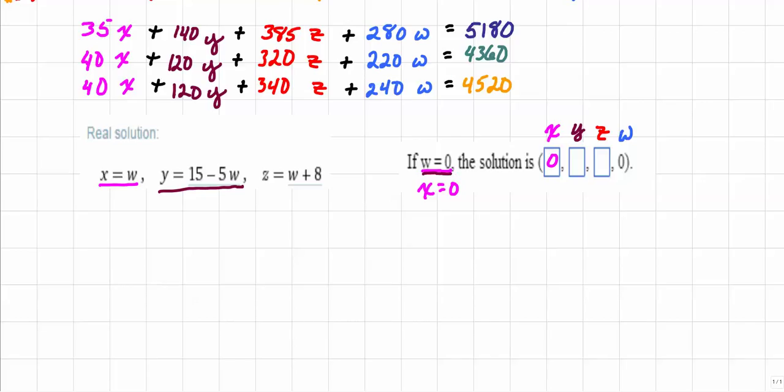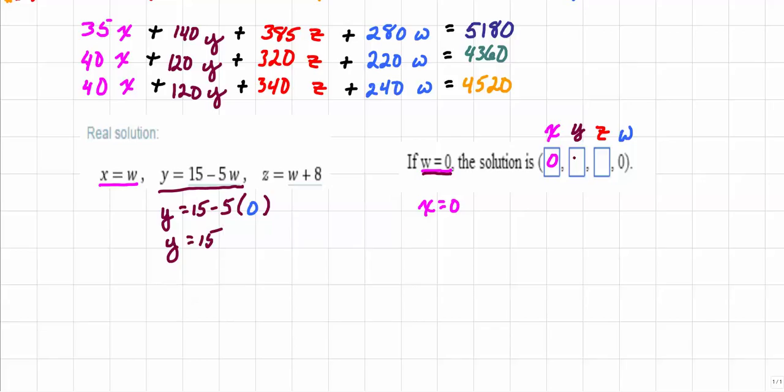So y is equal to 15 minus 5 multiplied by w, which in this case is 0, and therefore we know that y will be equal to 15. So we'll put 15 right in here.